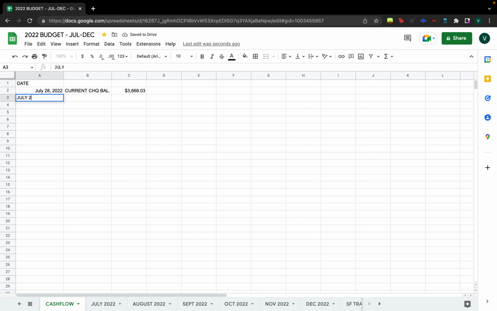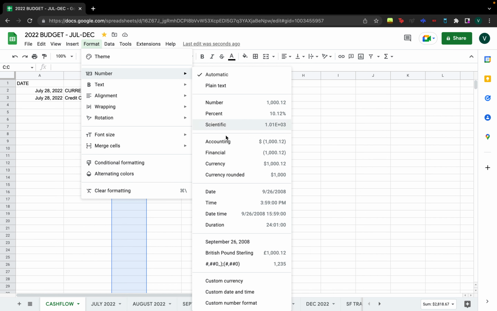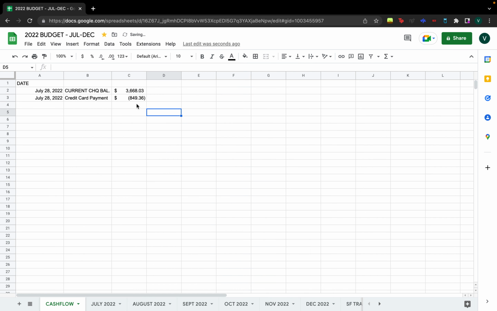Then July 28th, 2022, I have a credit card payment coming out for $849.36. And I'm actually going to format this accounting because I prefer to see that.